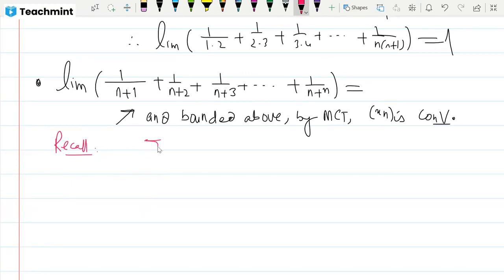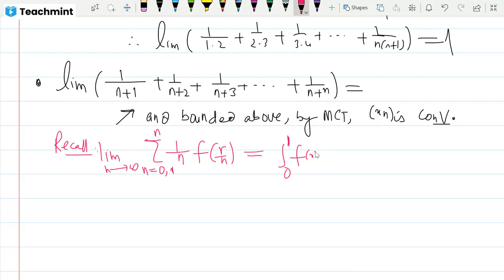If the summation is from 0 to n, or you can start from 1 also, and it is in this form, 1 by n into f of r by n, then as n goes to infinity the sum is nothing but the integral from 0 to 1 of f of x dx.